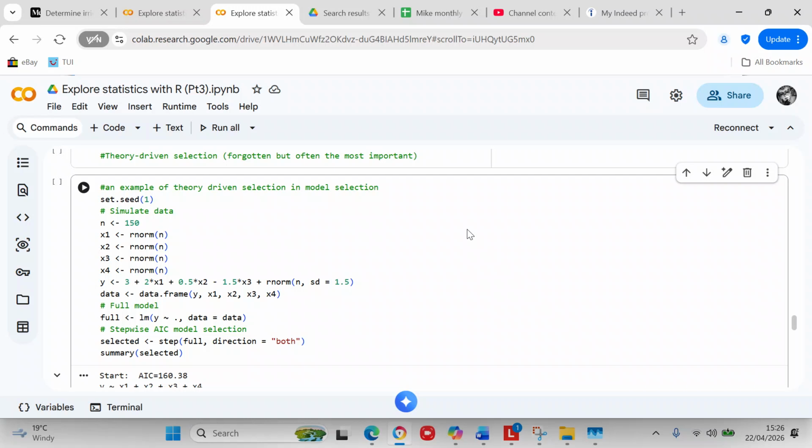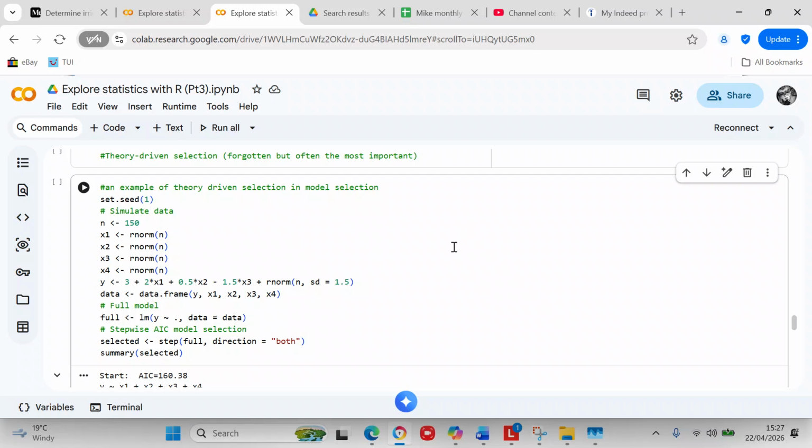So we're going to take this y, x1, x2, x3, x4, and convert it to a data frame. So data becomes data.frame brackets y, x1, x2, x3, and x4.